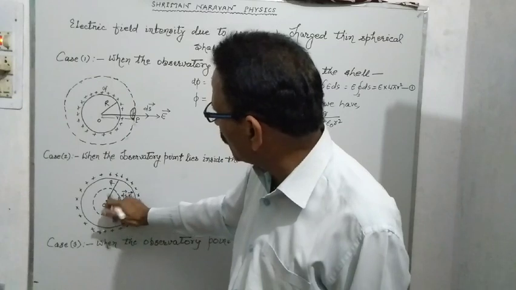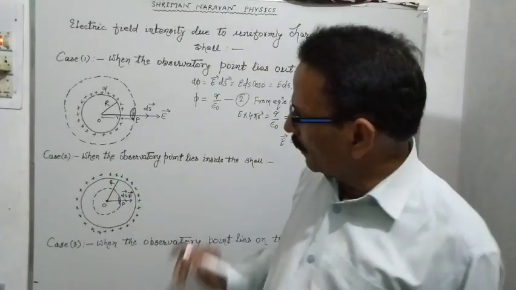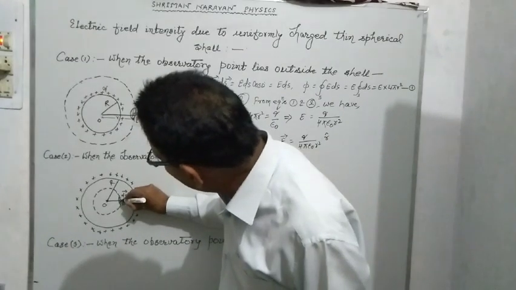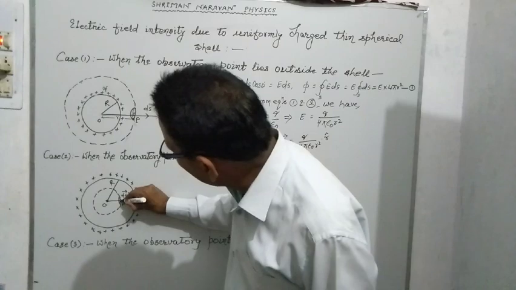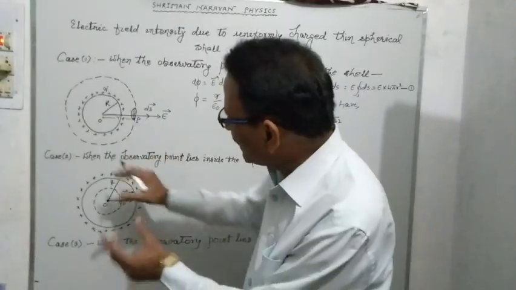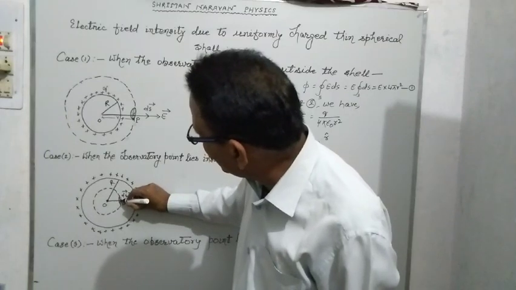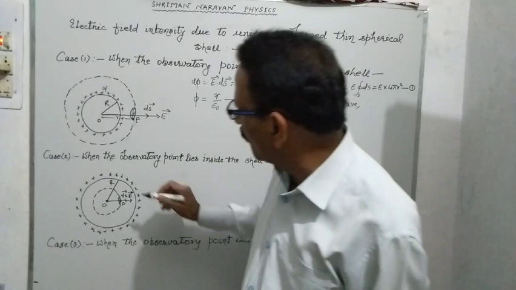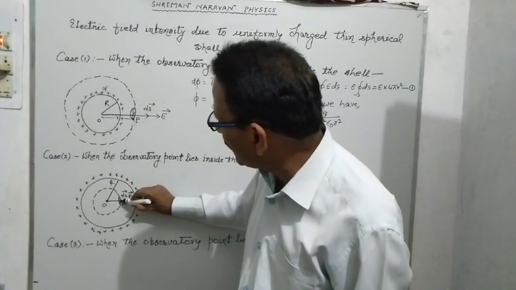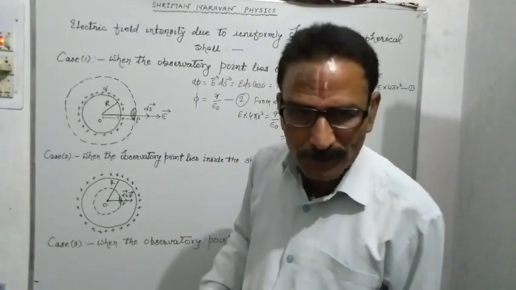It has the center O and the radius equal to capital R. Now consider a point P. You can see in this figure, this point P is lying within this spherical cell. We are interested to find the value of electric field intensity at this point P, which lies inside this spherical cell.